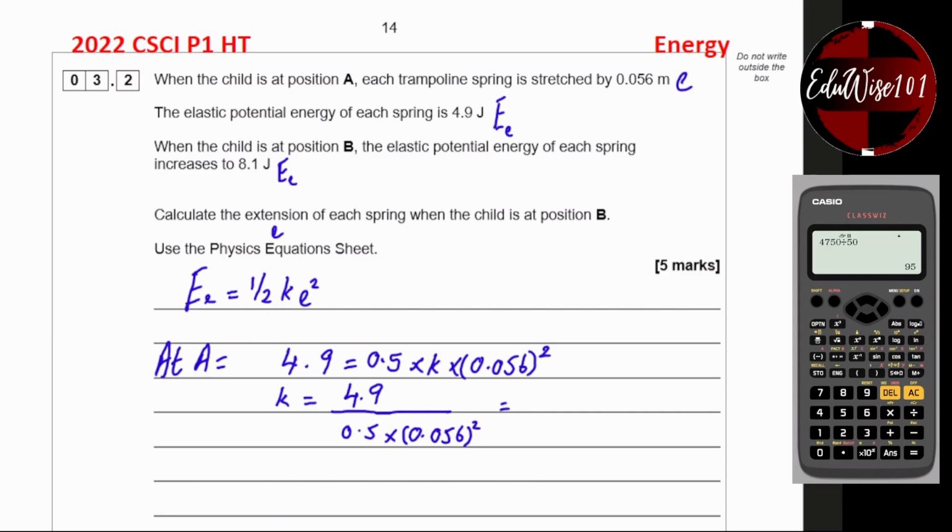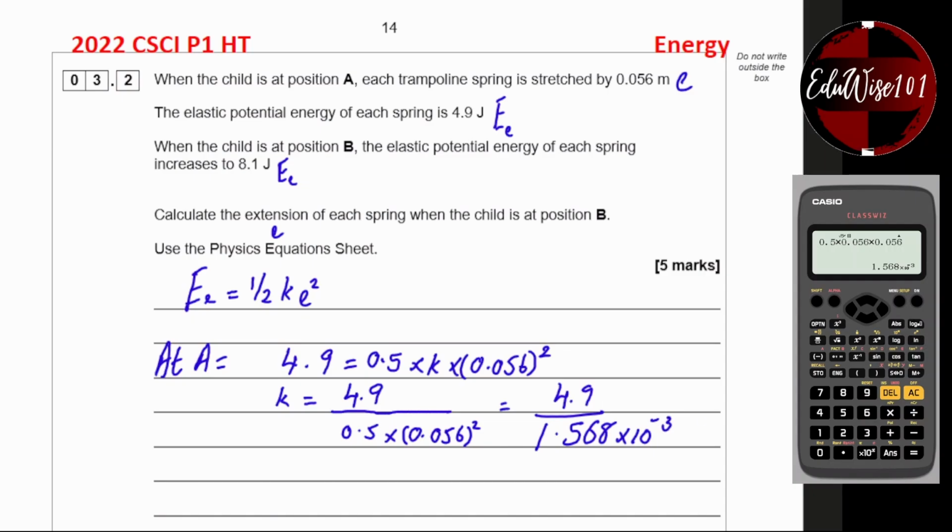So 0.5 times 0.056 multiplied by 0.056, because it's a square, that gives us 1.568 times 10 to the power minus 3.